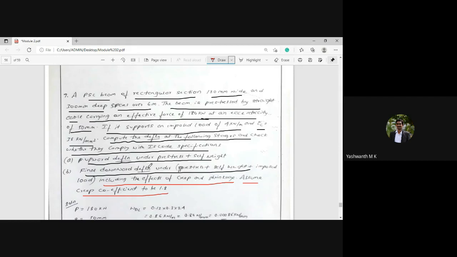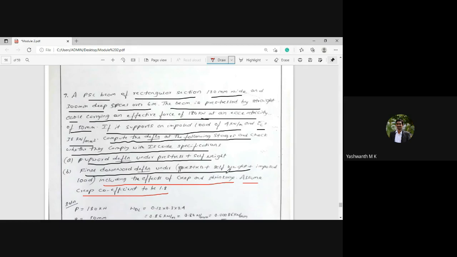Till now, whatever problems we have solved, those conditions have been calculated as short-term deflection. Now this particular problem is asking to calculate the downward deflection by considering the loads. Apart from this, include the effects of creep and shrinkage.